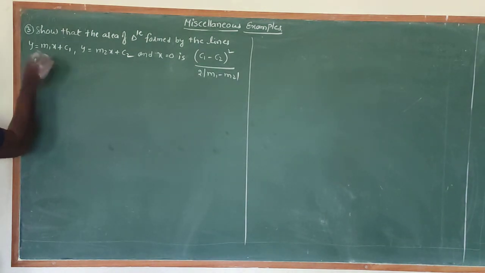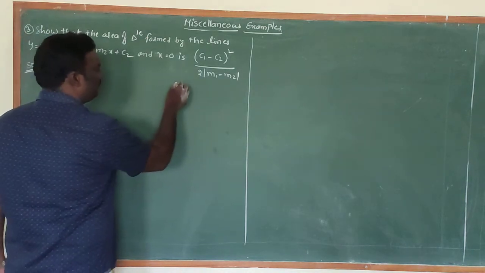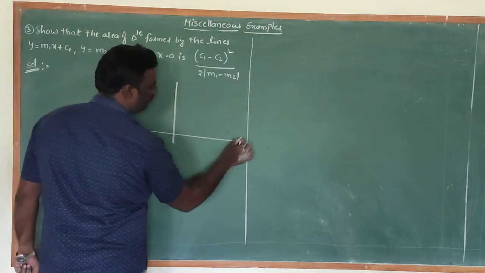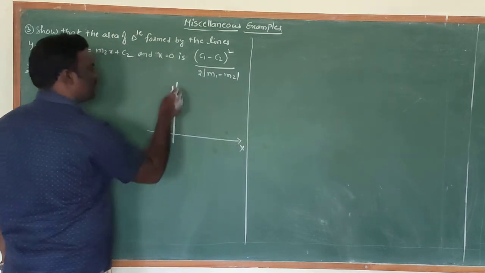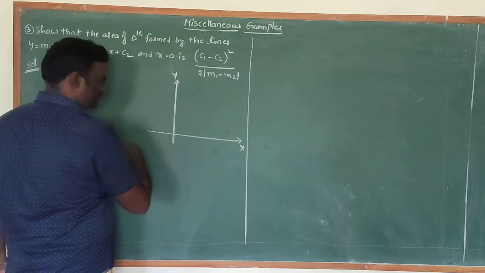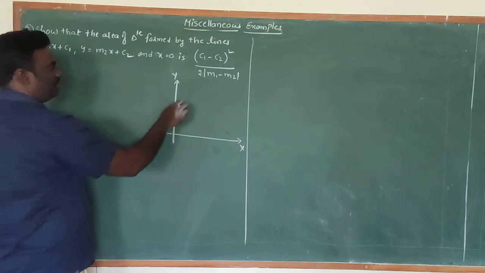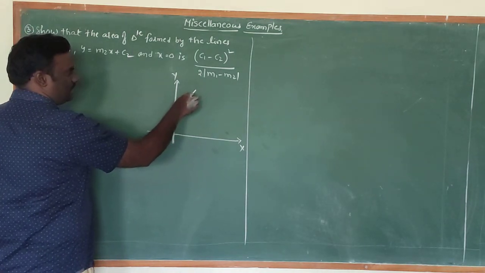First we will draw the diagram. Based on the given data, we will draw the diagram. X axis, y axis. This is a given line.